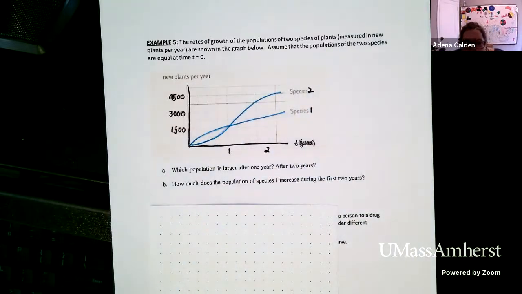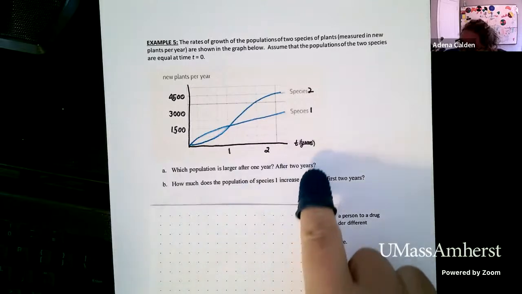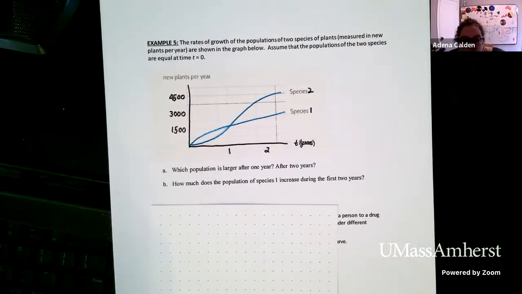Question A, which population is larger after 1 year? So we're looking at these rates of change graphs and thinking about how we would evaluate them to think about the total population after 1 year, but then also after 2 years. And then part B, how much does the population of species 1 increase during the first 2 years? So we're trying to approximate more precisely how much it changes over those 2 years.